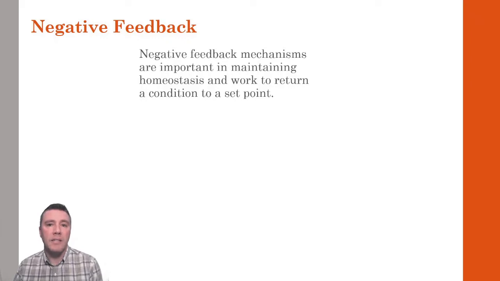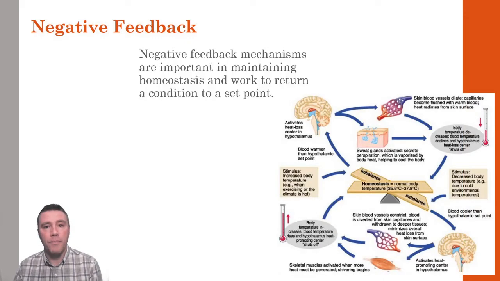A classic example of negative feedback, illustrated in every biology textbook, is the homeostasis of body temperature. For humans, the average temperature set point is about 37 degrees Celsius. Within a few tenths of that degree set point, homeostatic negative feedback mechanisms are not engaged.